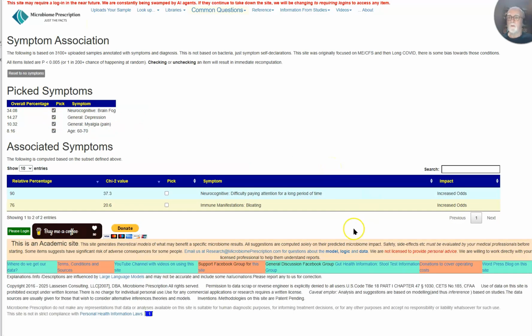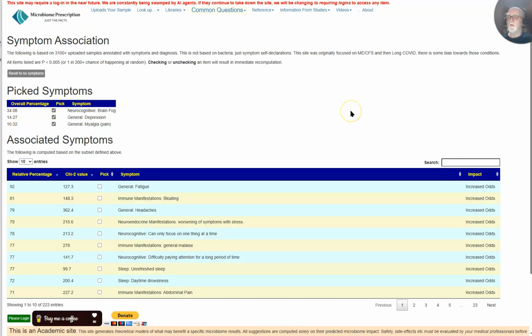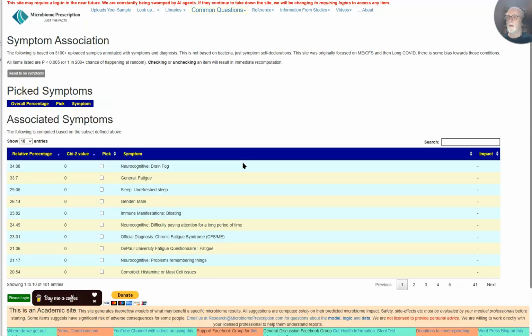Okay, now we get rid of that and we have bloating and difficulty paying attention for a long time. And let's see what happens if we get rid of the age filtering. Then we get a lot more because different ages have certain characteristics. Once you've gone through or played for a while, you could go back and do that.